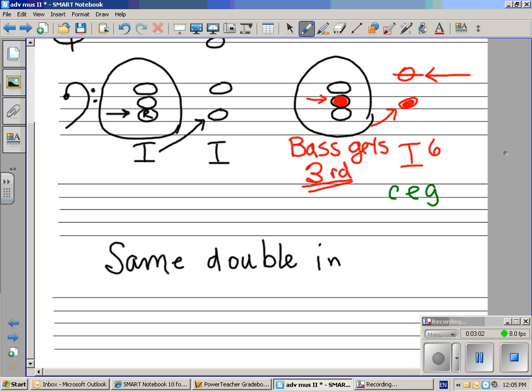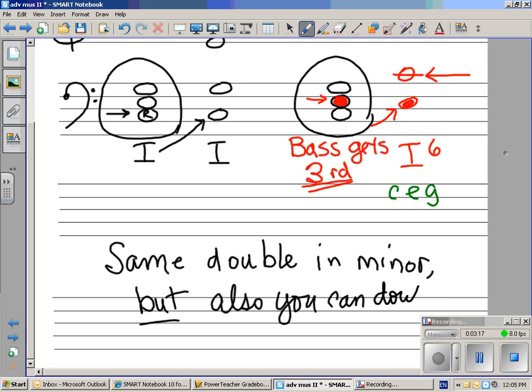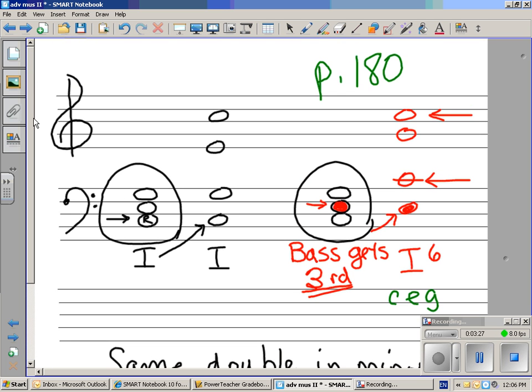Same doubling in minor triads, but also you can double the third. So 2 choices, double soprano or double third.